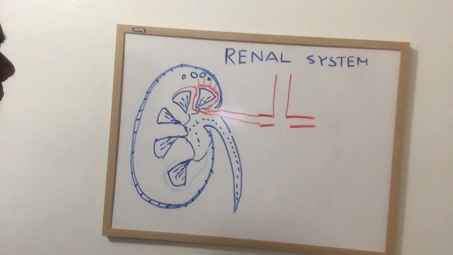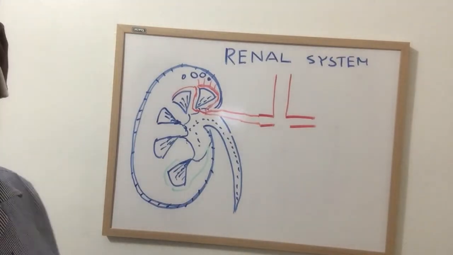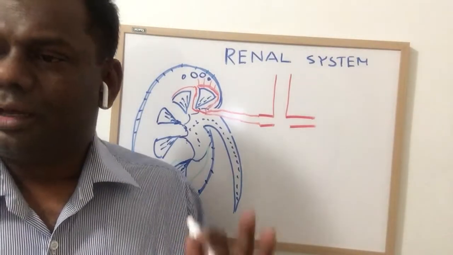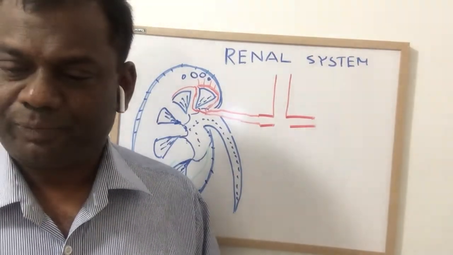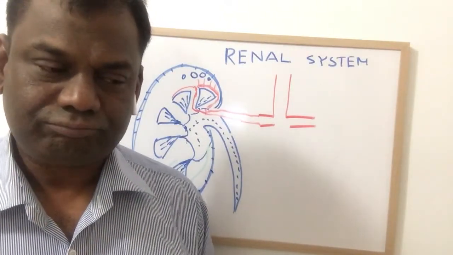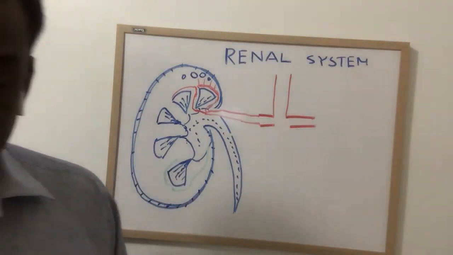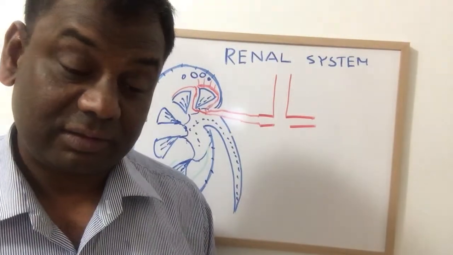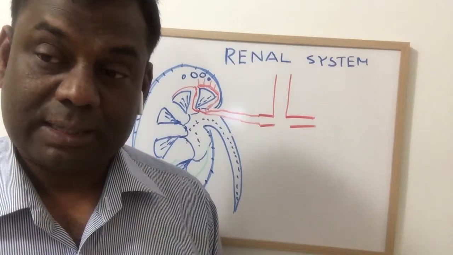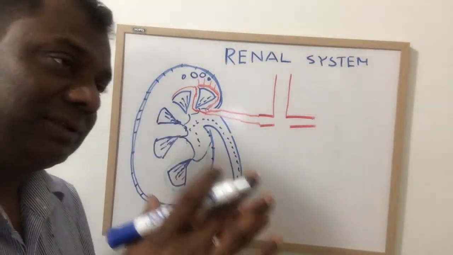Now let's see, there are 1.2 million nephrons in one kidney. In two kidneys we find 2.4 million nephrons. It divides into two.